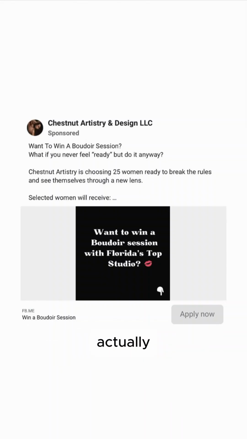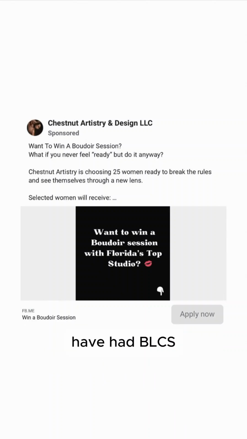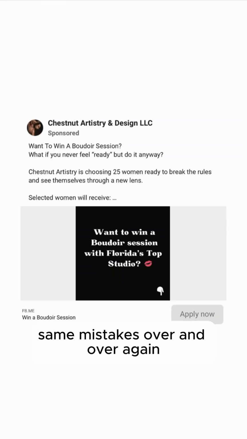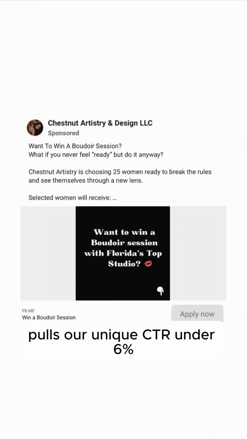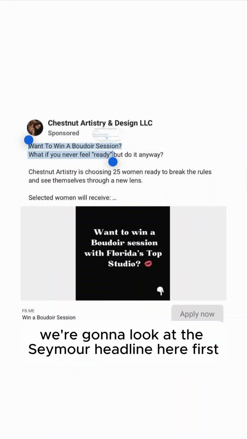Well, actually 100% of the Boudoir Facebook ads I've seen or tested have had BLCS because everyone's making the same mistakes over and over again. So the consequence of this pulls our unique CTR all under 6% and contributes to BLCS, aka Boudoir low click syndrome.